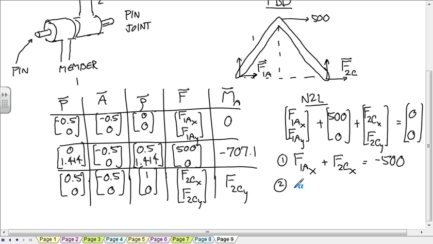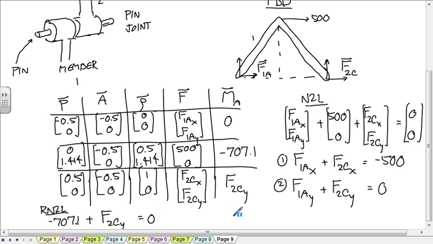And the second one says F1AY plus F2CY is equal to 0. And then the rotational equation says negative 707.1 plus F2CY is equal to 0.